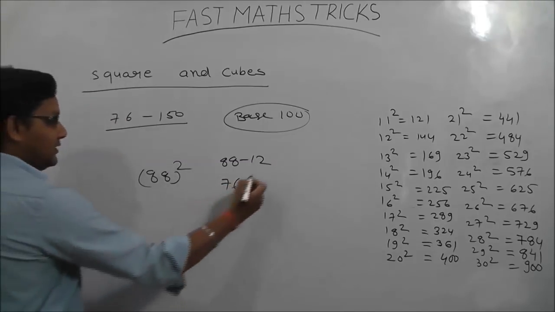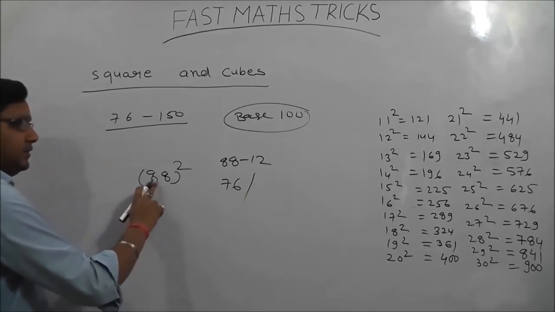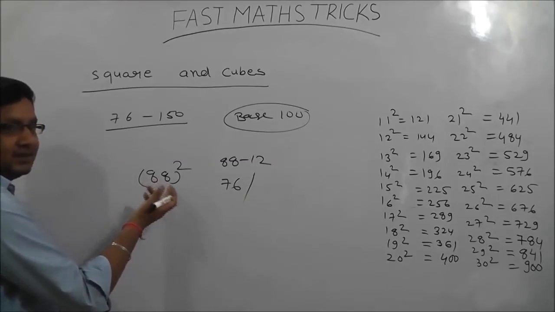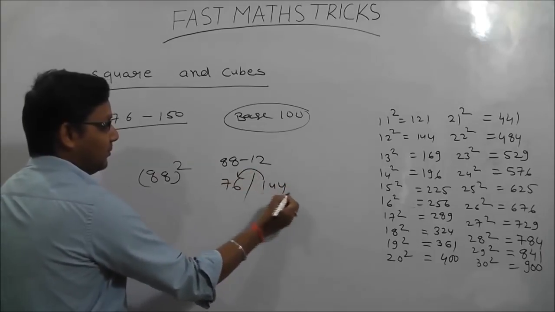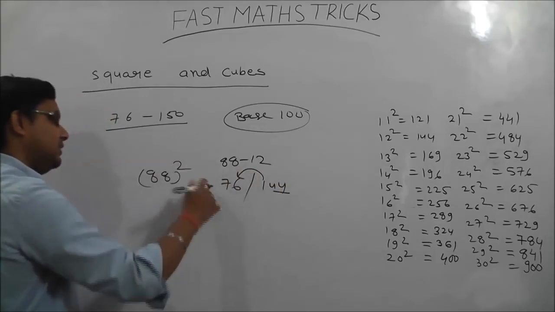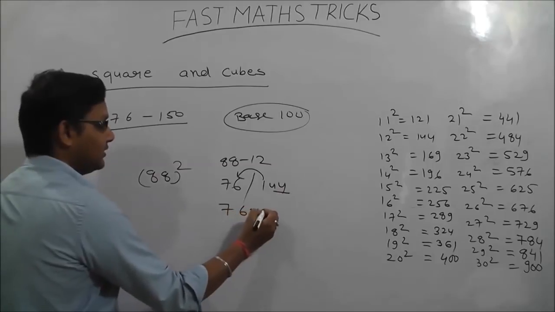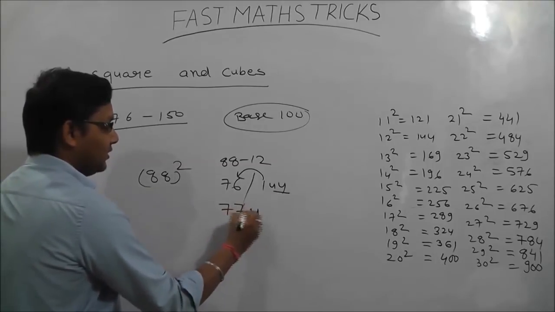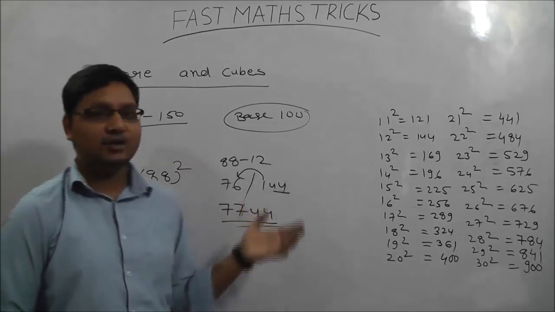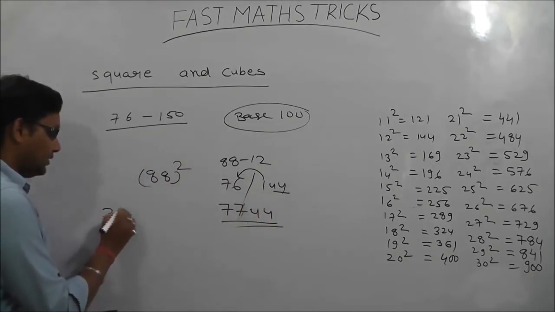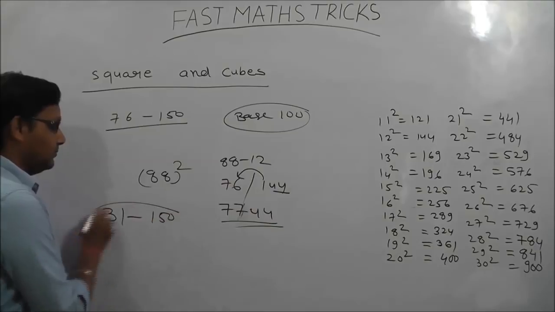So 76 is the first part, and it's 12 less than 100. So 12 square is 144. We add 1 because we have to take 2 digits. So add 1 to this part. How much do you get? 77, 44. In this way you can find any square between 31 to 150.